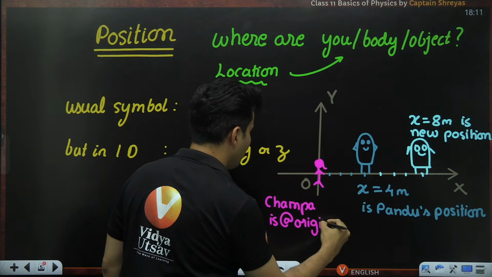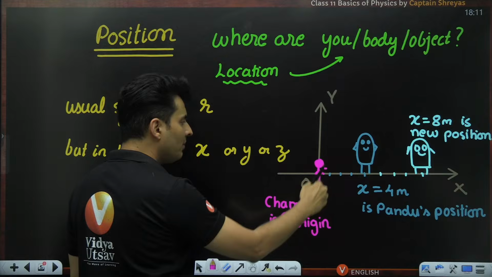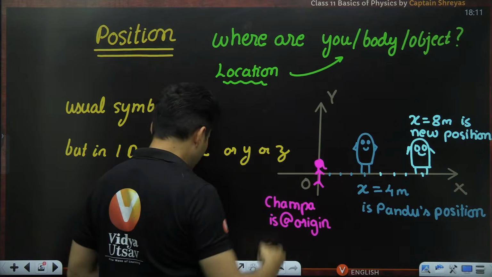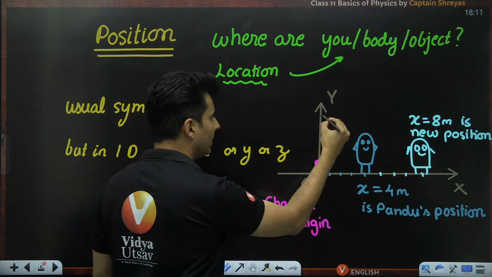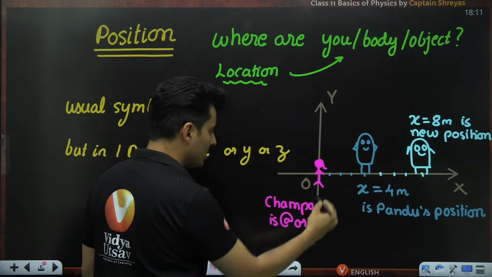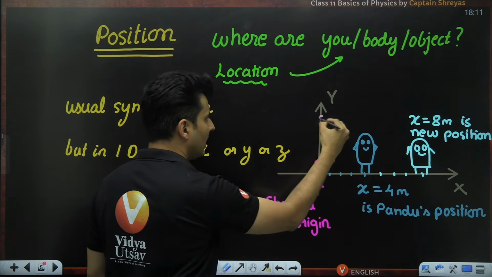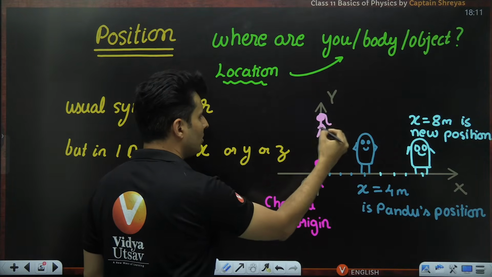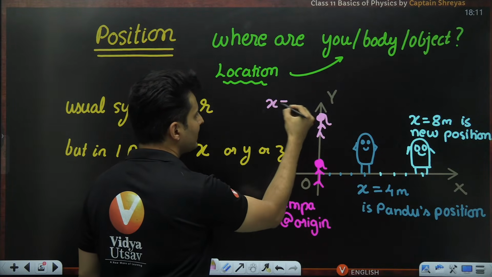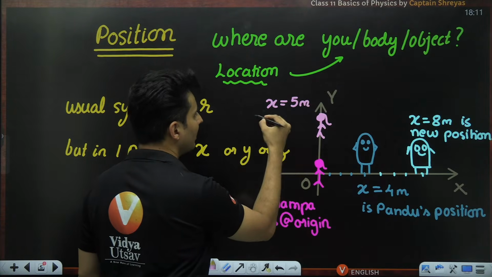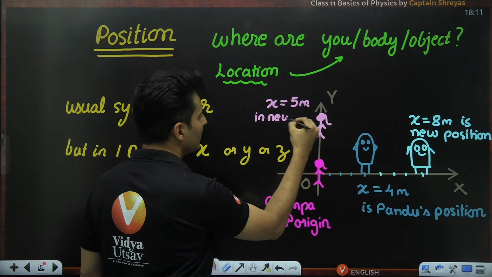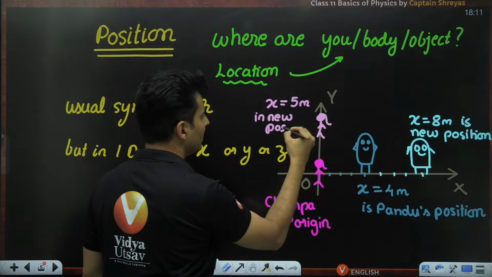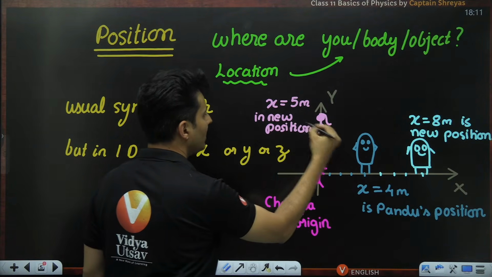That is Champa's position. Maybe Champa will move after some time, and maybe she might come over here, or she might go down. Who knows? Let's say Champa goes over here, and you check the coordinate. So maybe x equal to 5 meters is the new position of Champa.